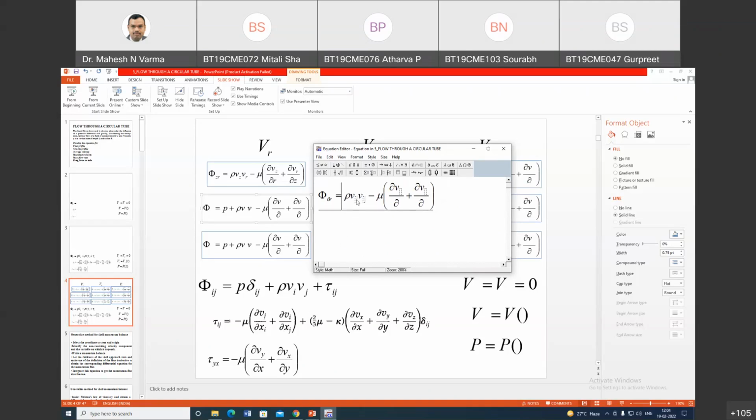And what will be this velocity? It will be v theta and vz. Yes, sir. If we are taking phi theta and z. So this is phi theta r, you told, no? Yes, sir, I was writing every equation. So what will be the second velocity?